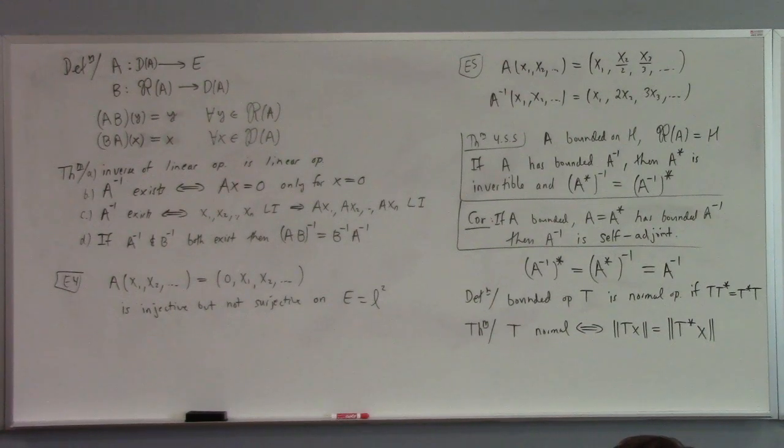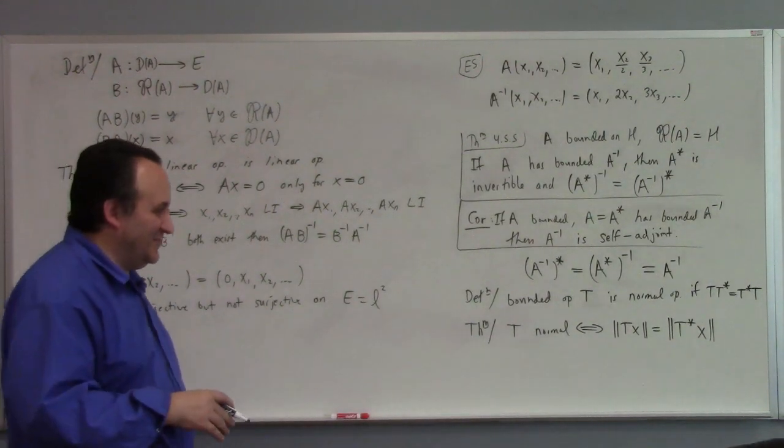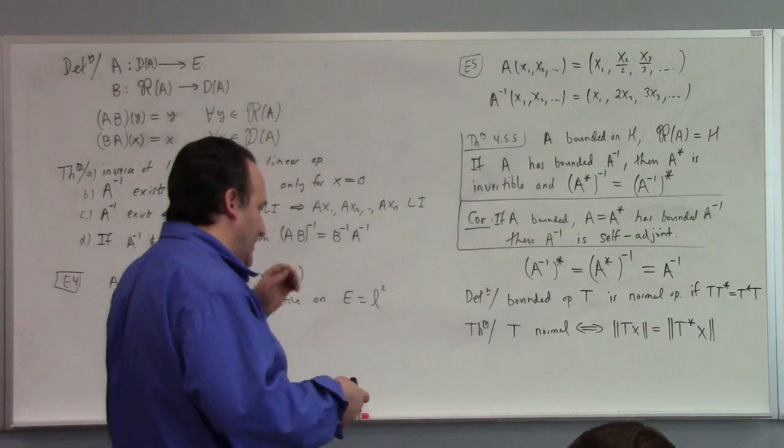My question is, what do you think? Is a self-adjoint operator normal? Yeah. So clearly a self-adjoint operator will be normal because it's very silly: T star T is T T. So yes, self-adjoint implies normal. The converse is not true. Don't make me give you an example, but there are operators which are normal but not self-adjoint.